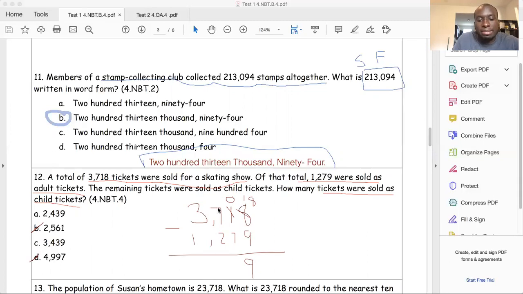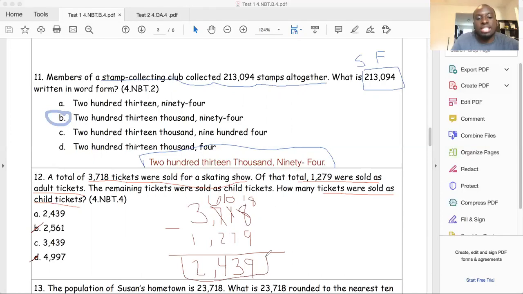I'm going to go back to my problem. I can't take away 7 from 0, so I'm going to cross this out, make this a 6, make this a 10. 10 minus 7 equals 3. I'm going to keep going. 6 minus 2 equals 4. I can't cross anything else. 3 minus 1 equals 2.